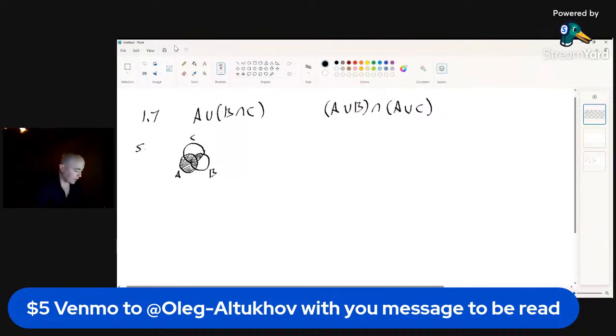A union B intersection A union C. Okay. Let's do it again. Let's see, we have here, here, and that was terrible.